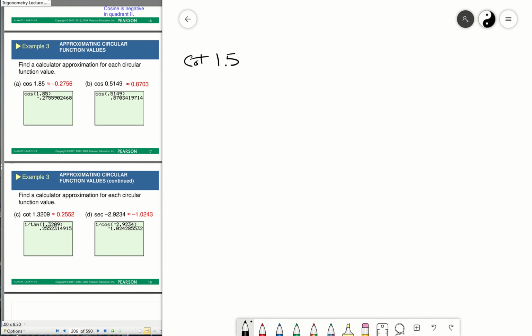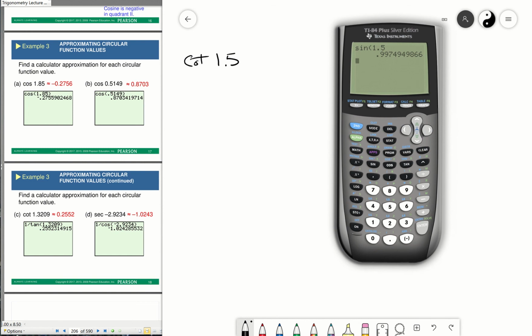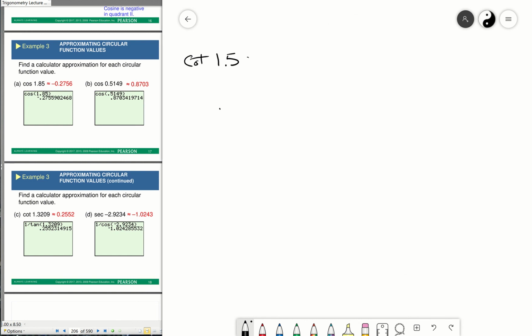Okay, now if you look on a calculator, you're not going to find a cotangent button, so notice I didn't put a degree symbol, so that means we're dealing with radians.